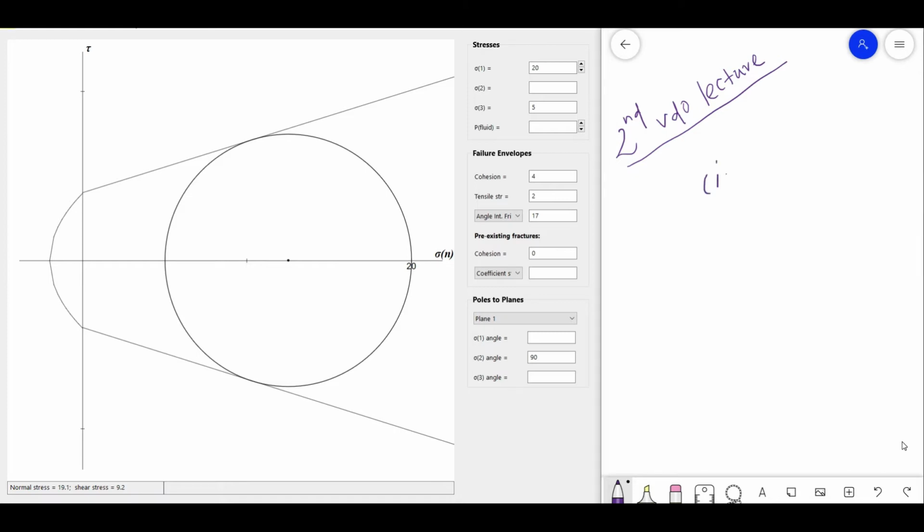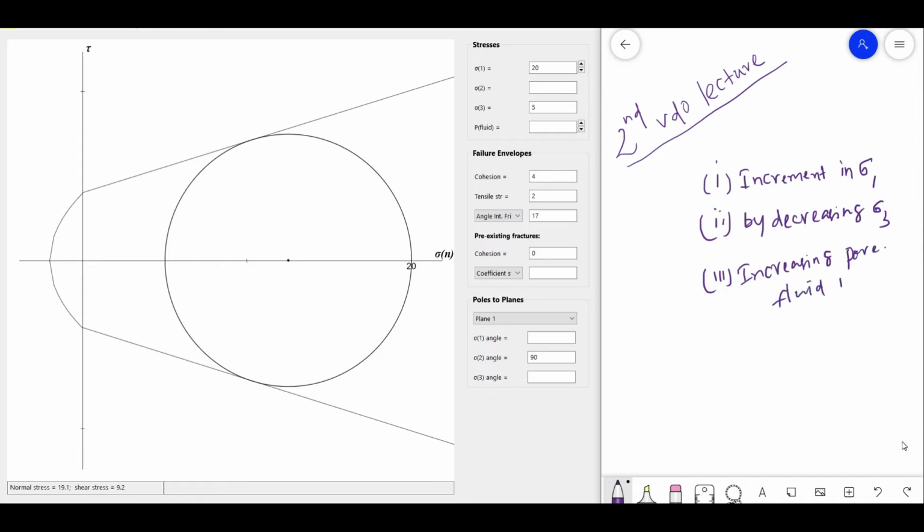So the first one is an increment in sigma 1. The second one is decreasing sigma 3, and the third one is increasing pore fluid pressure.